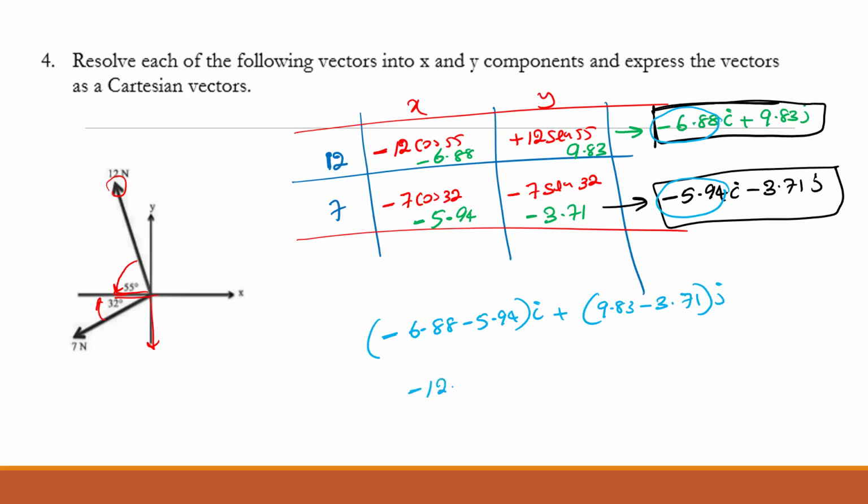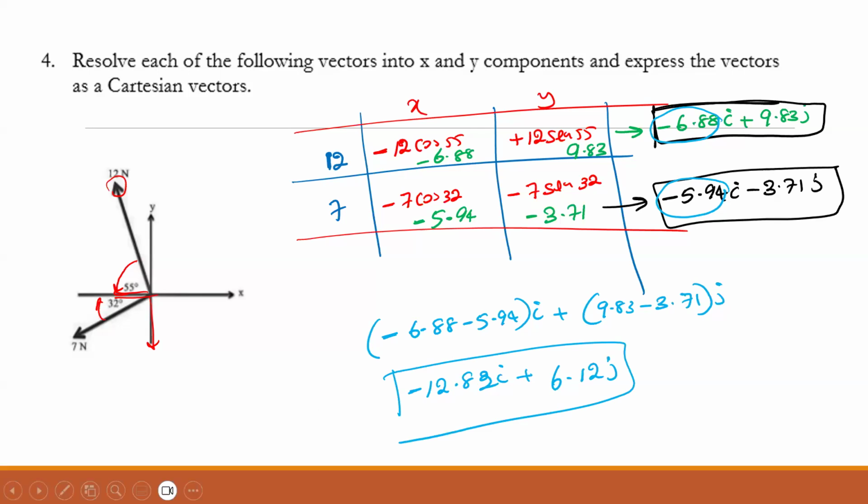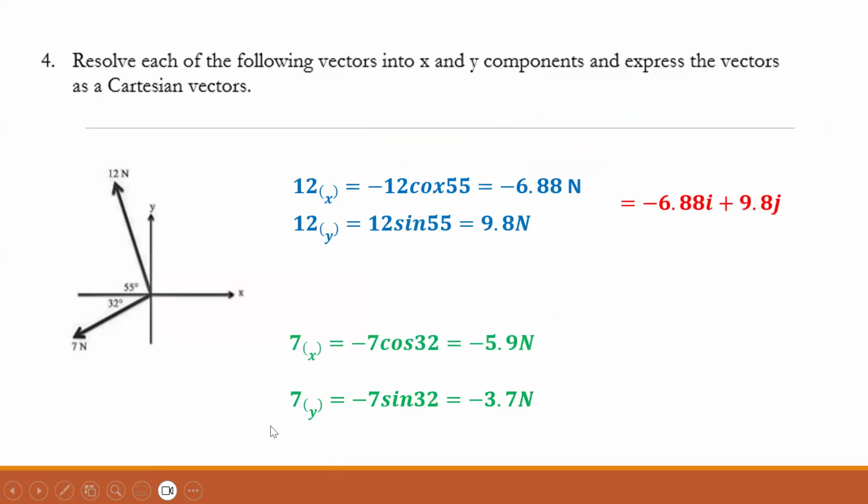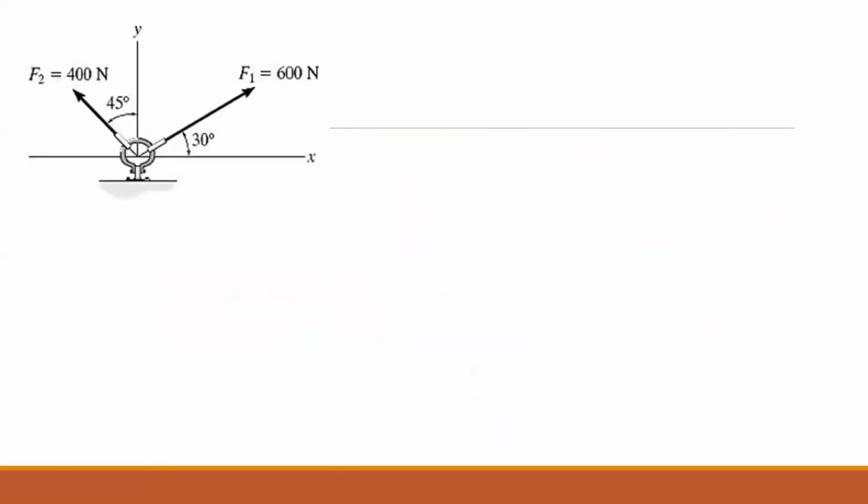So this is negative 12.82i plus 9.83 minus 3.71, which is 6.12j. Did you get that? Yes. Yeah, so that's it.